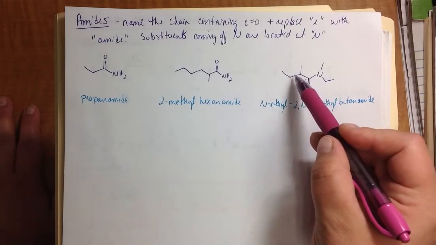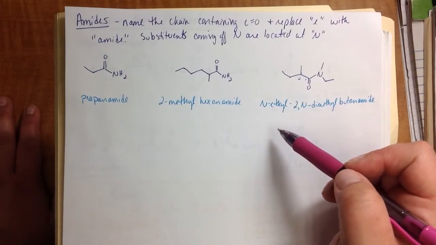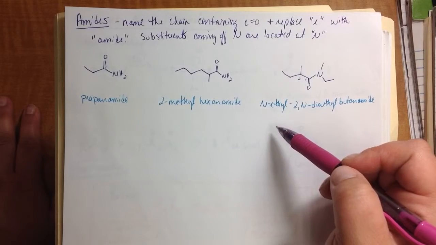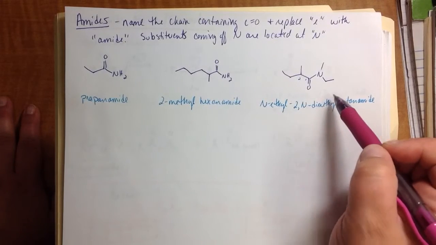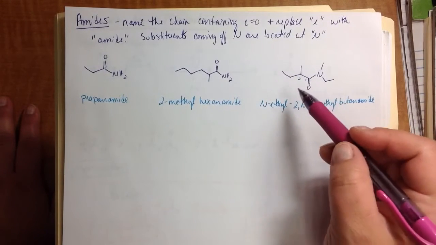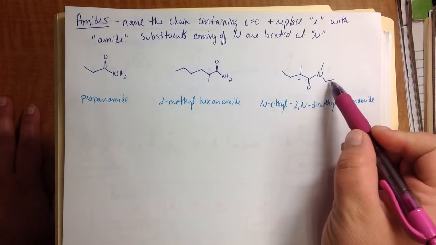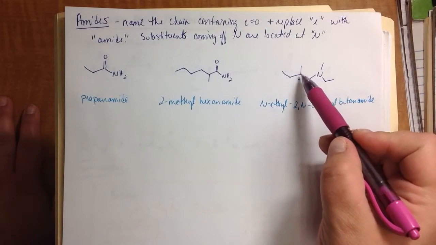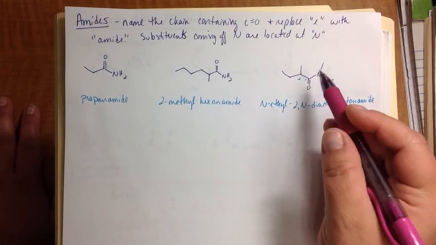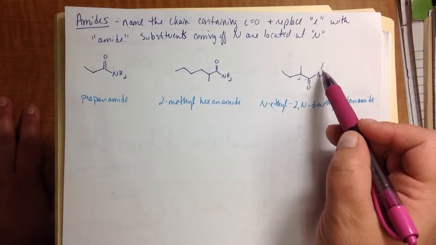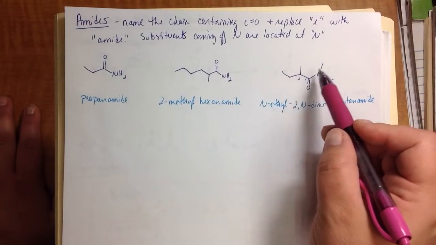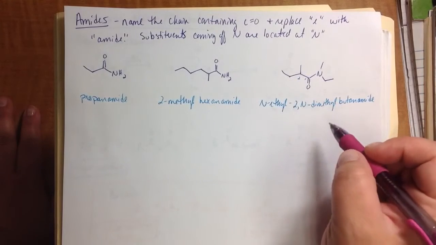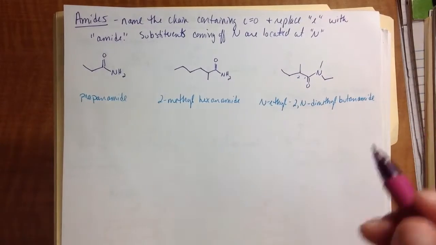And this is a 1, 2, 3, 4 carbon chain. So we're going to put it in alphabetical order just like we would if it was any other number. This becomes N-ethyl, 2,N-dimethyl. Numbers come before letters in the alphabet, and that's the reason why it's 2,N, not N,2. Butanamide. Okay.